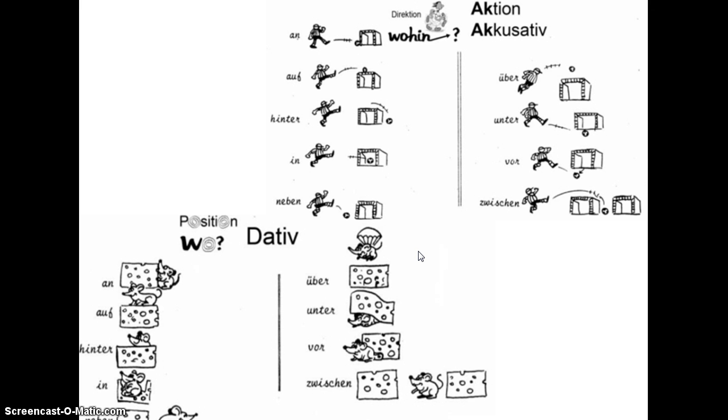See how it's the process of going to that position? It's going to, and then auf, it's going to, and see how hinter, it's going to, in, going to. See how in the accusative, it's always the action of when it's actually doing.